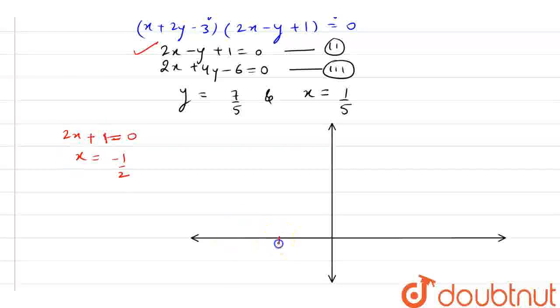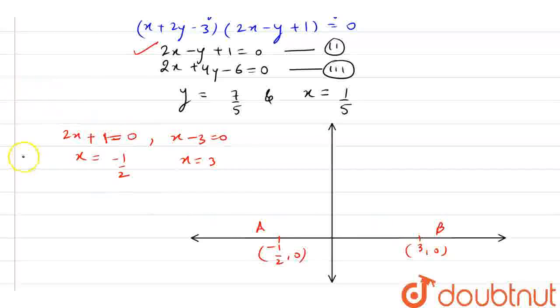So we have it somewhere like this, minus 1 by 2, and let this be point A, right? Now similarly, if I put y equals to 0 in the second line, x plus 2y minus 3 equals to 0, then I'll get the value of x as 3. So the value of x is 3, something like here. Now let this be point B.